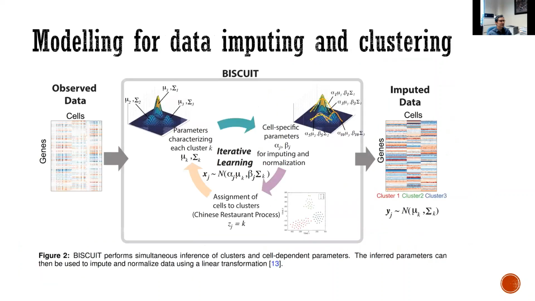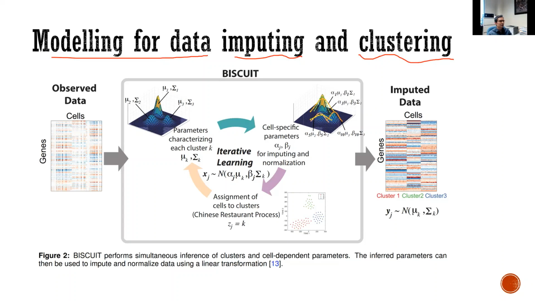The solution for this is more complicated than what I can explain clearly here. Basically, you need to model the data. You want to do the imputation, and you want to cluster different cell types at the same time.